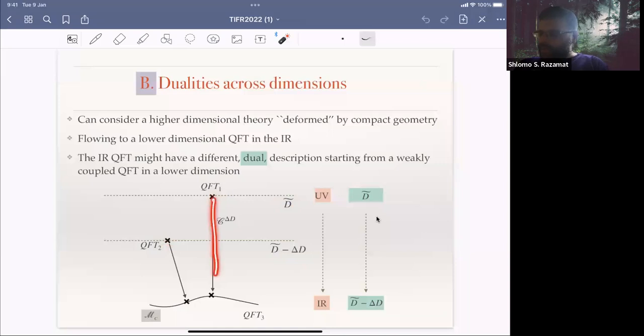And then we deform them in different ways. Here we deform by this geometry, placing this theory on a compact geometry and maybe doing something else. Here we are turning on some relevant deformations. And if we end on the same conformal manifold or with the same theory, we will say that we have a duality across dimensions. Okay.